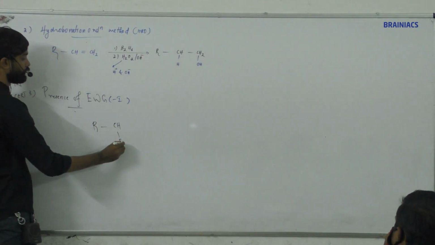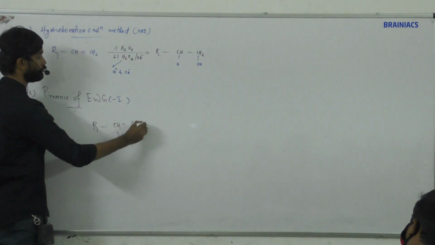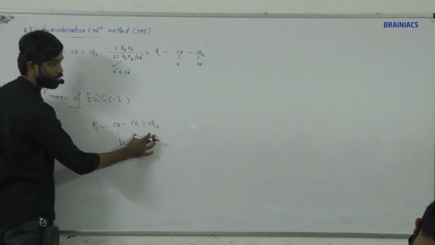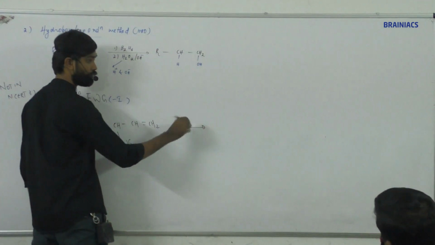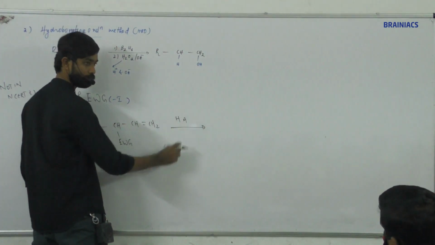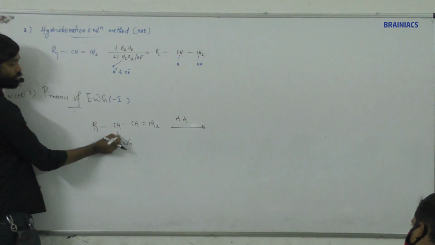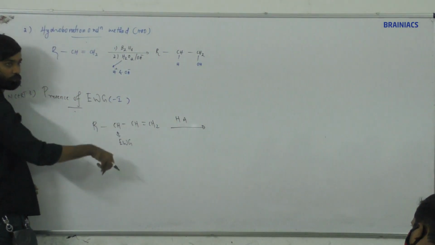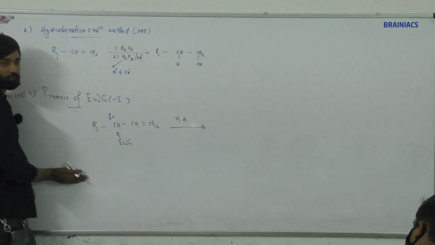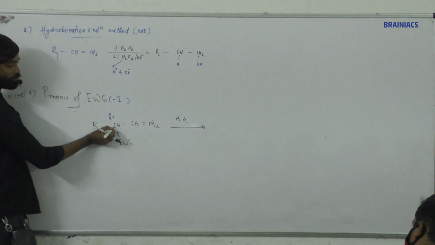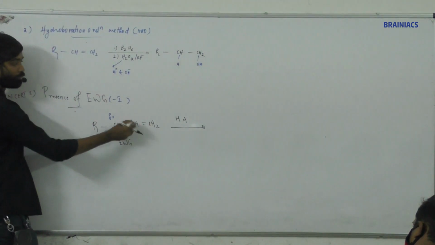Here is an electron withdrawing group just near an unsymmetrical alkene, and let the reagent be HA. What actually happens is this electron withdrawing group withdraws electron density towards itself, so this carbon becomes positively charged. Once it becomes positively charged, this carbon tries to absorb electrons from the next one.